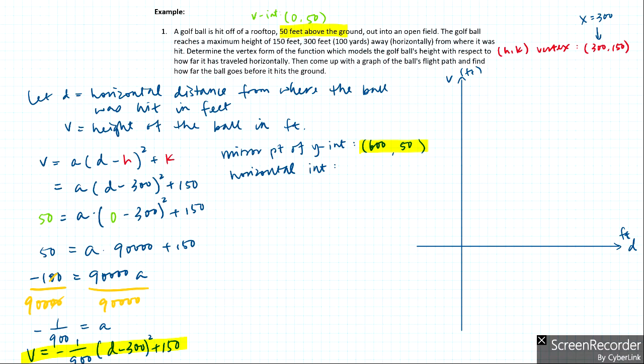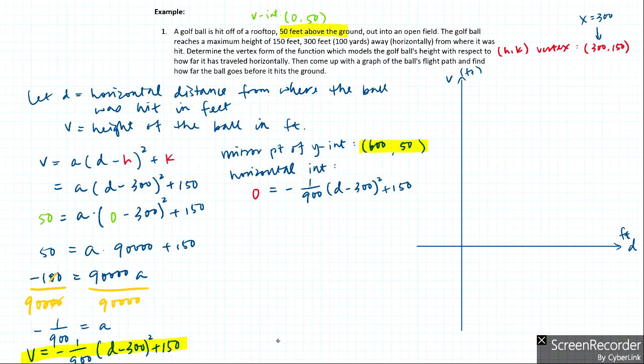So if we want to go ahead and find the horizontal intercept, we would get that 0 is equal to negative 1 over 900 times d minus 300 squared plus 150. And to solve that, we are essentially going to again try to move things around so we can have a perfect square by itself, and then we can use the square root method for this.